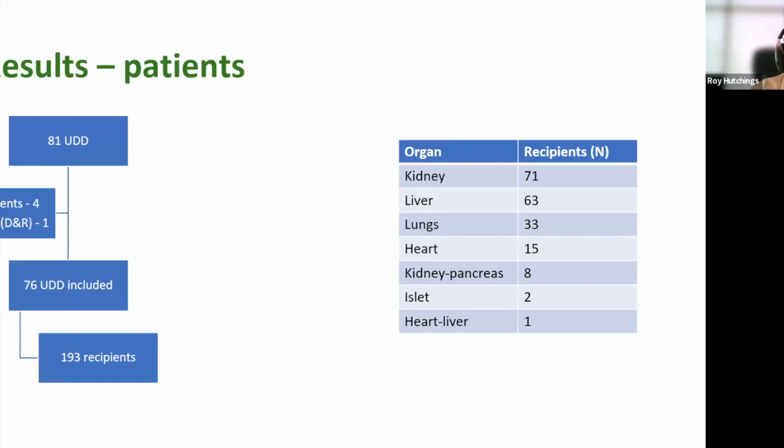That left us with 76 unhoused donors with their 193 recipients. In terms of the organs that recipients received, kidney was, as expected, the most common, with a fairly large number as well of liver, lungs, and heart. A few kidney-pancreas, islet, and heart-liver recipients as well.